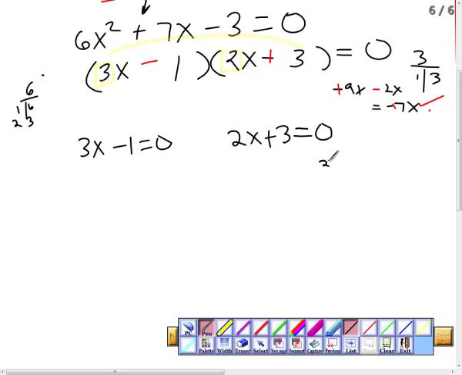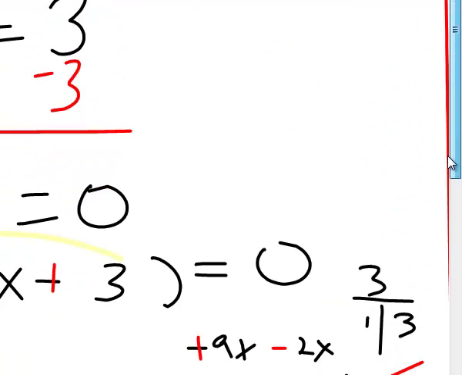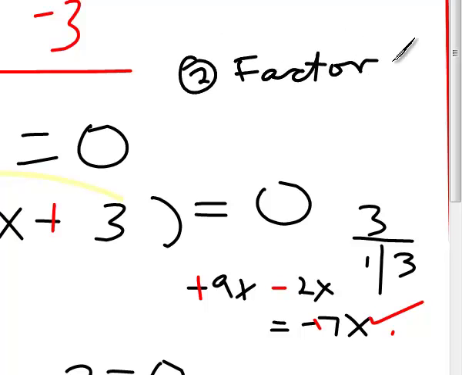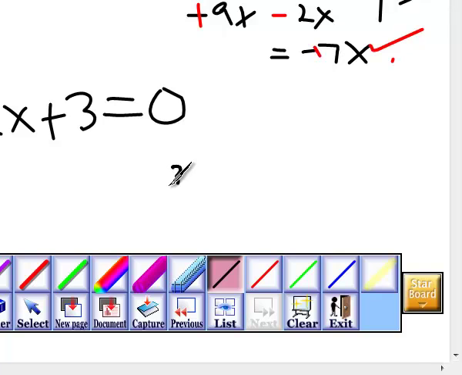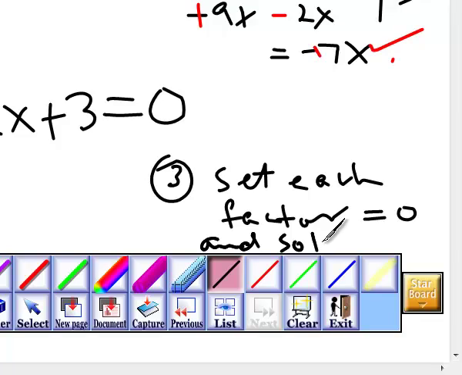So step 1 was to set it equal to 0. Step 2, factor. Step 3, set each factor equal to 0, and then solve.